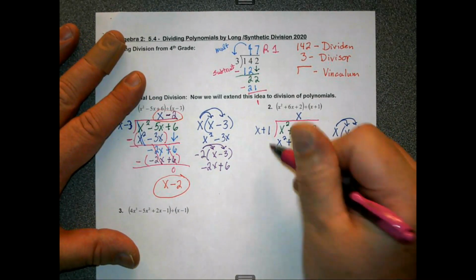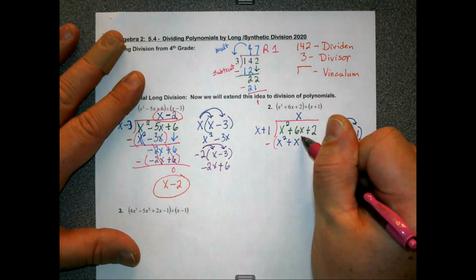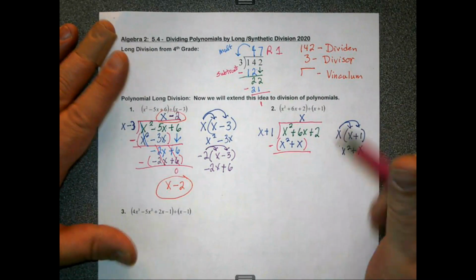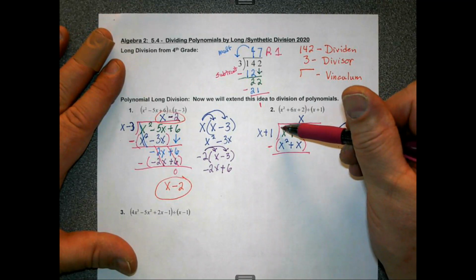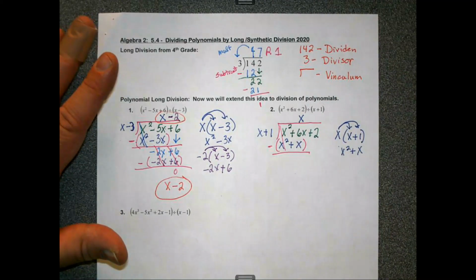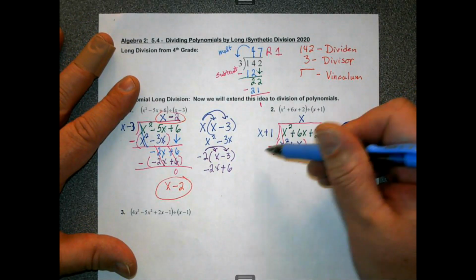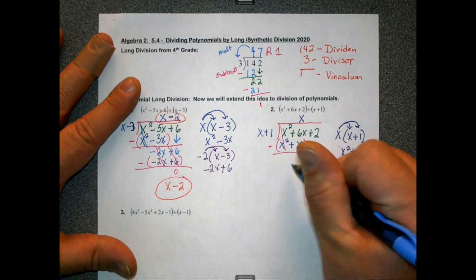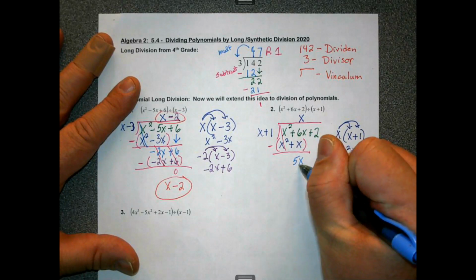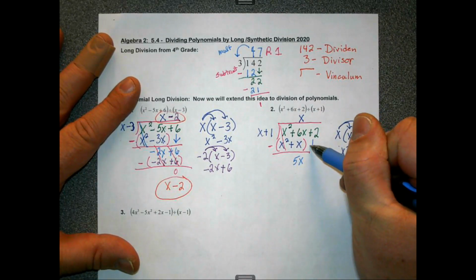I'm going to subtract this entire quantity. And my first term eliminates, that's what I want to do. 6x minus a 1x, 5x. Carry down the 2.